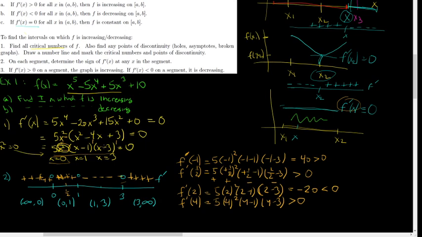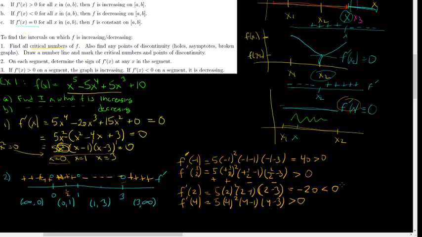We could have just used the evenness or oddness of the exponents of the corresponding factors. But actually, you do have to plug in one number in one of these intervals, say negative 1, because once you get the sign for one of them, all the rest follow by the multiplicities, in other words, the exponents of the corresponding factors.